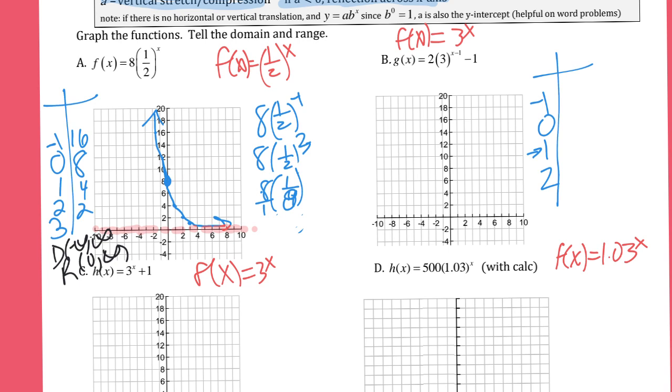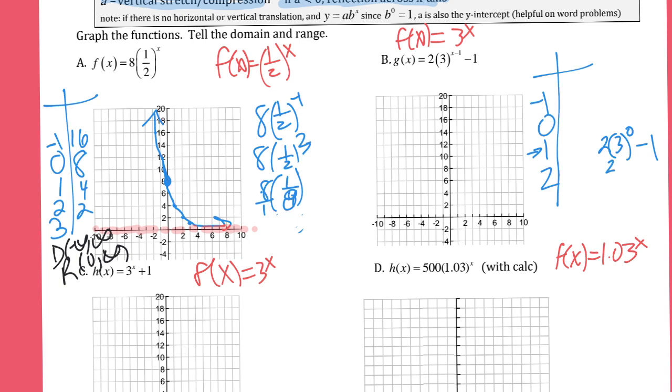Let's try this. If we plug in 1, I'm going to start with that because the graph appears to be moving right 1. So we do 2 times 3 to the 1 minus 1, which will be 0, and then we subtract 1. Now let's do PEMDAS. 2 times 3 to the 0, do the power first. 3 to the 0 is 1.